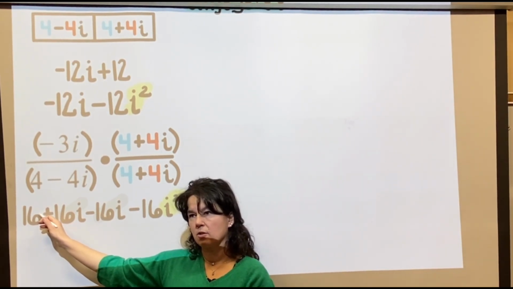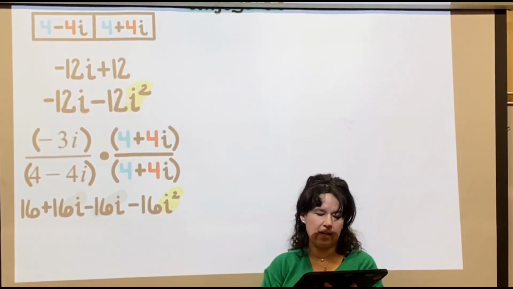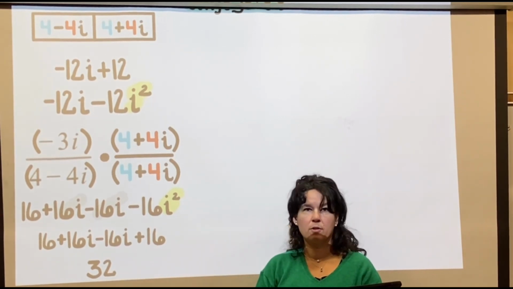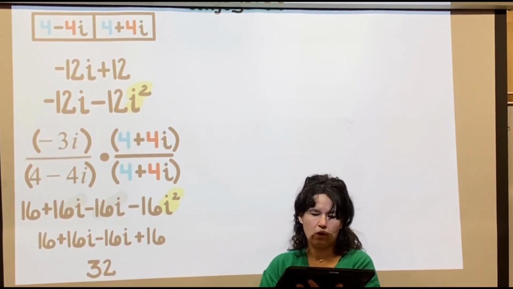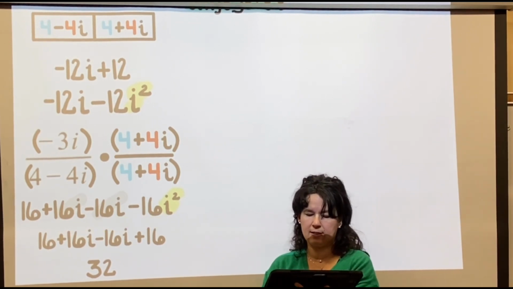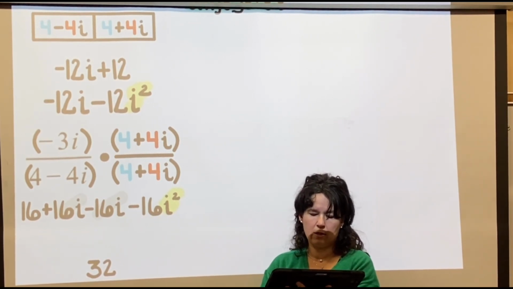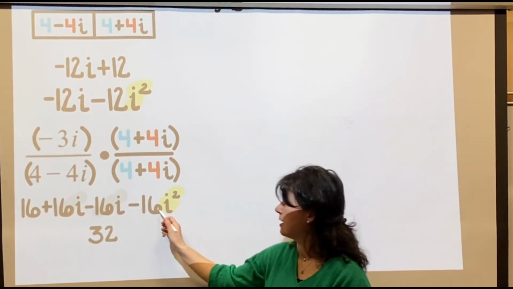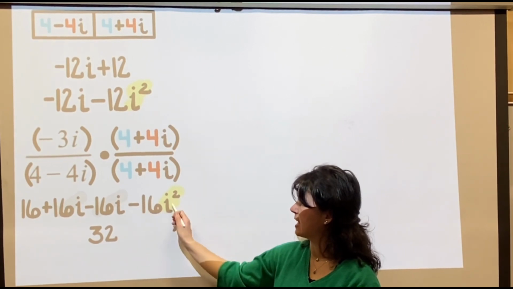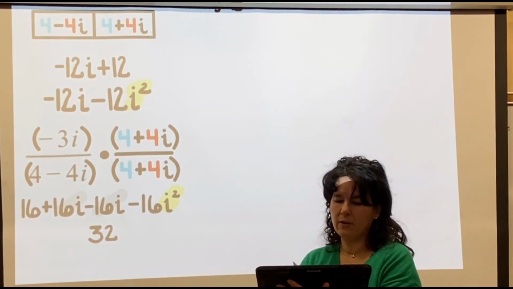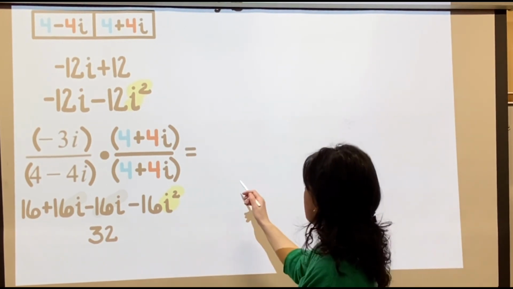So 16 and 16 make 32. I'm going to go ahead and remove this one step. I think that's maybe a little bit too much explanation. Okay, so just 16, this is plus 16 because negative 16 times negative 1.